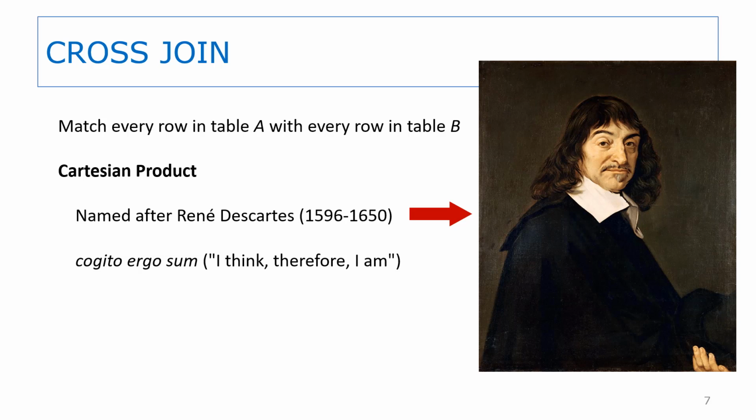In addition to thinking up mathematical theories, Descartes is probably most famous for his musing cogito ergo sum, or I think therefore I am. That statement causes endless hours of discussion in Intro to Philosophy courses. So if you are interested in pursuing that, you can look into those courses.